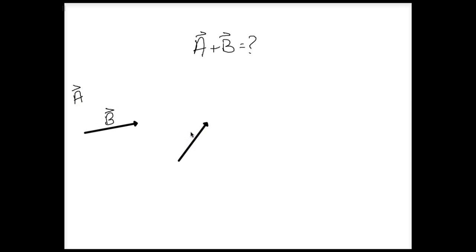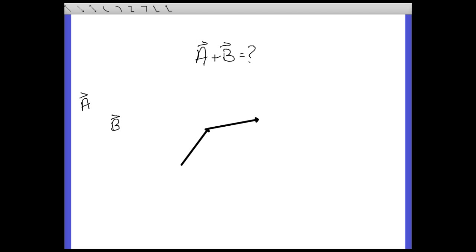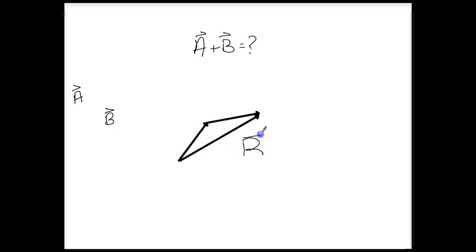We've got A right there, and then I take B and add it tip to tail. I take the tail of B and add it right to the tip of A, and that's what A plus B looks like. I want to know what that resultant is, what R is. So I draw it out, and that's our resultant R right there. That's what we get when we add the two of them together.